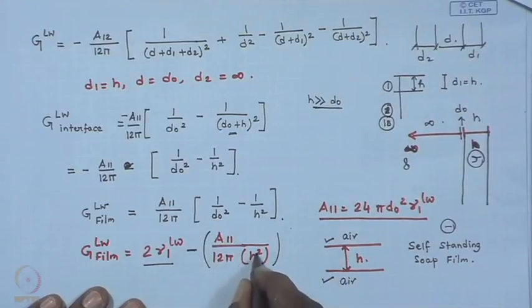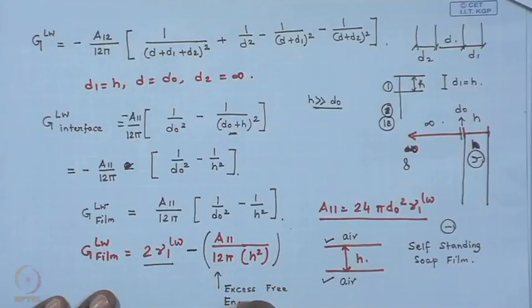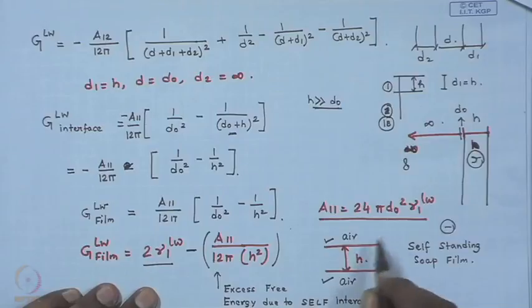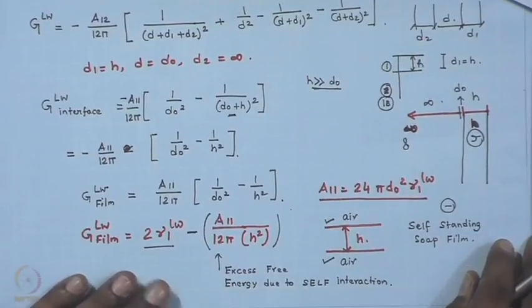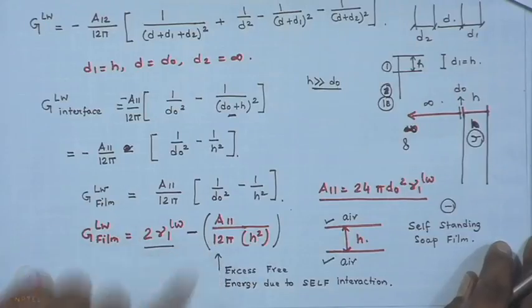So, A11 divided by 12 pi h square is sort of an excess free energy due to self interaction. Okay. And so, you do not have to consider anything to say that well the total energy ascribed to the interfaces is 2 gamma 1 for a film like this, but what you see here that the total free energy of the film is not 2 gamma 1 LW, but it has an additional term.